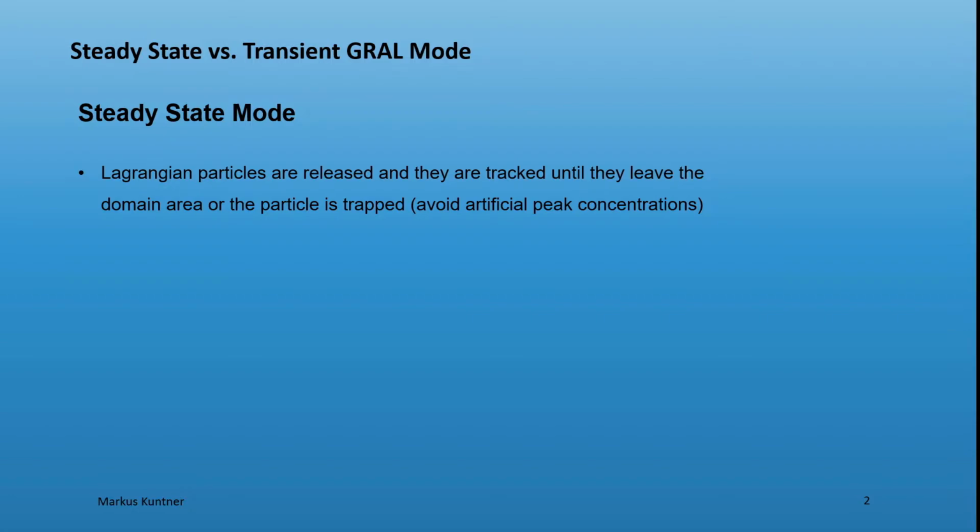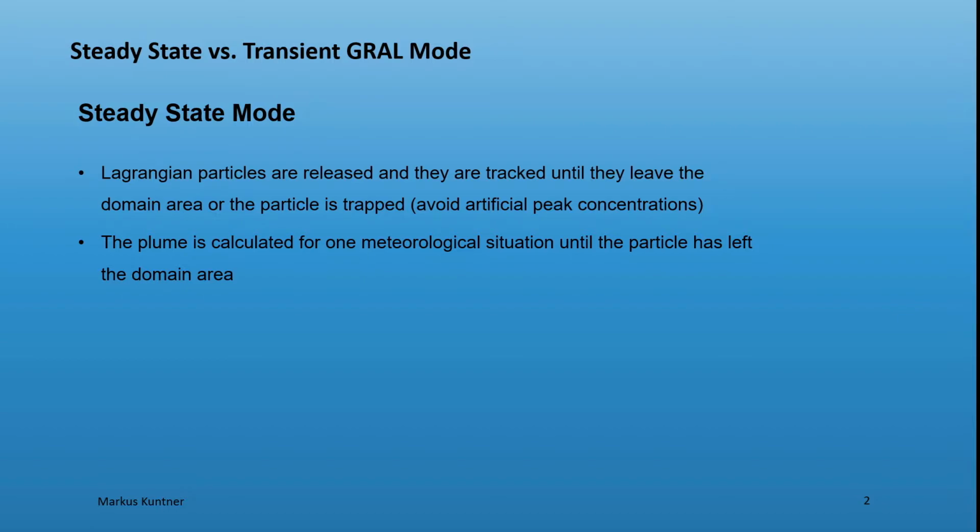There's a second criterion: if a particle is trapped, for example between two buildings, in such cases the particles are removed because otherwise you will get artificial peak concentrations in such areas.